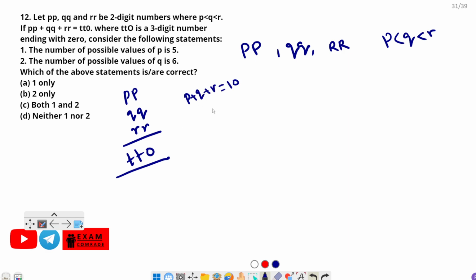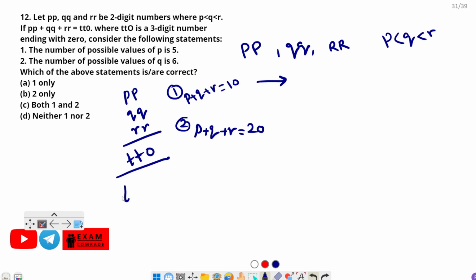It can be 10. This is the first case. Second case, p plus q plus r is equal to 20. This is another case. For each case we'll try to find the values of p, q, r. Let's find the value of t first.